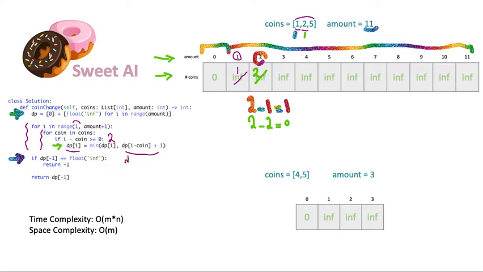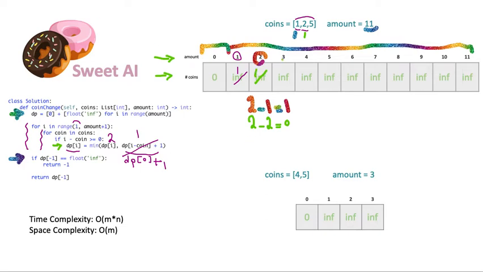So we say dp of 2 minus coin is 0, right? Plus 1 is going to be 1. So the minimum value between these two is 1. So we are going to update this to 1, right?